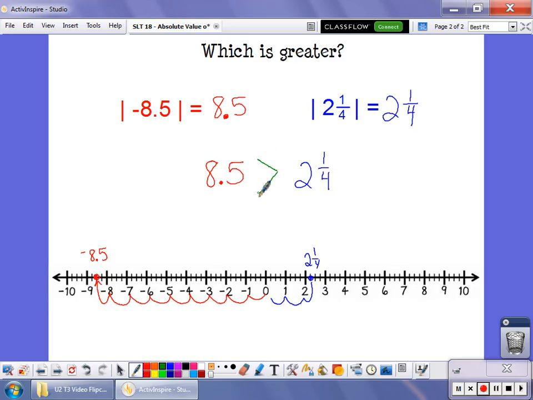So if I were going to compare these, I would say the absolute value of negative 8 5/10 is greater than the absolute value of 2 1/4 because negative 8 5/10 is further from 0. It is a further distance from 0, so it is a greater distance from 0.